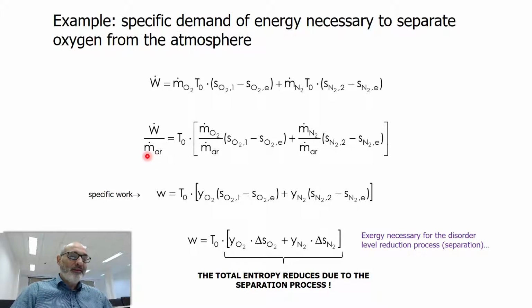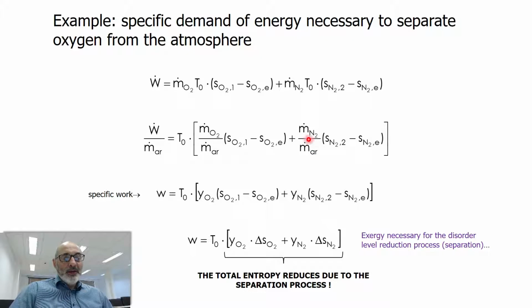So by dividing the left and the right hand side by the total mass flow rate or molar flow rate, I get these terms: flow rate of oxygen divided by total flow rate of air, flow rate of nitrogen divided by flow rate of air.